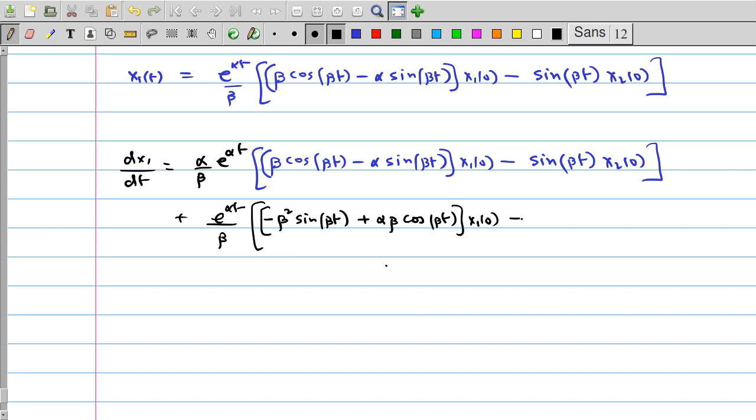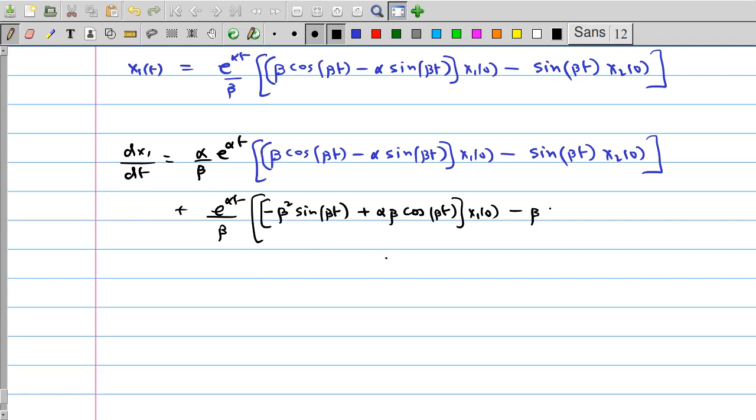Next one hopefully will be a little bit better. Minus beta cosine of beta t x2 of 0.